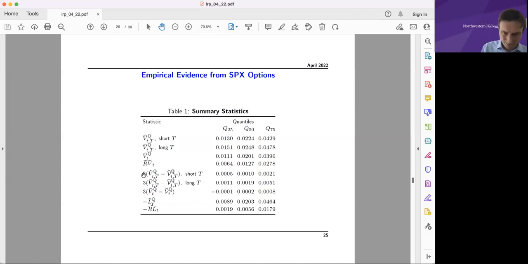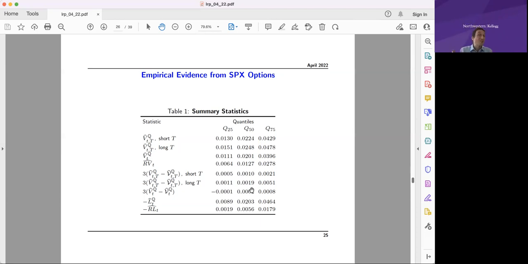Look again at the medians: the effects of the term structure are massive. If I go from the short to the long tenor, everything is relative here, the estimate of the risk neutral skewness of the jumps doubles. And if I correct for these term structure effects, it becomes really modest. It's still there, but it's modest.